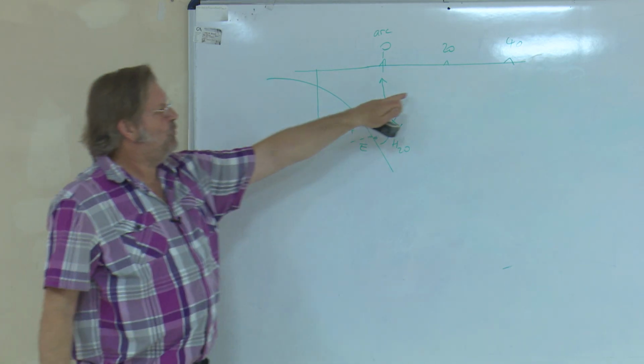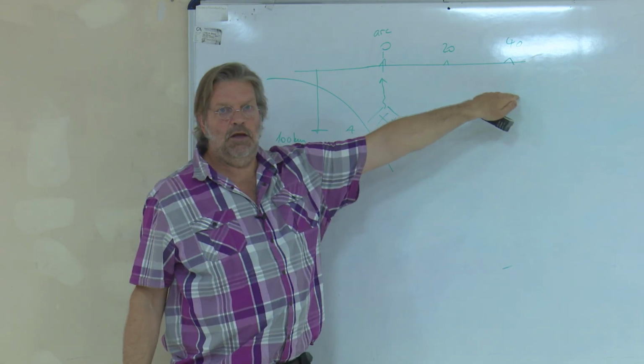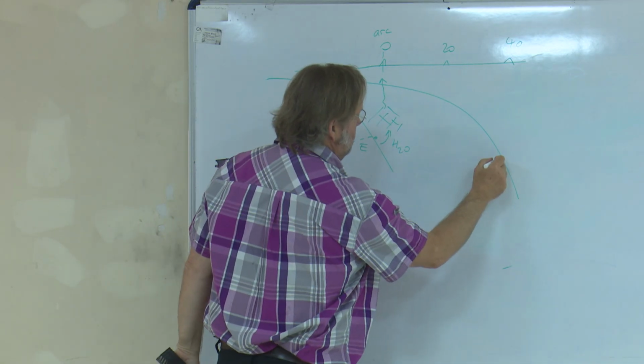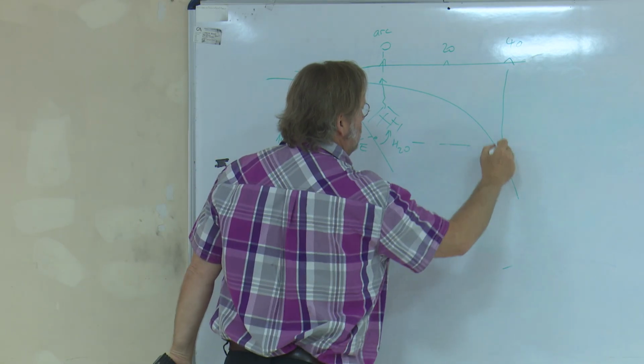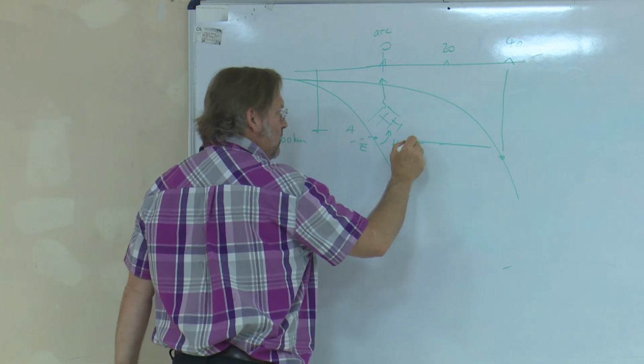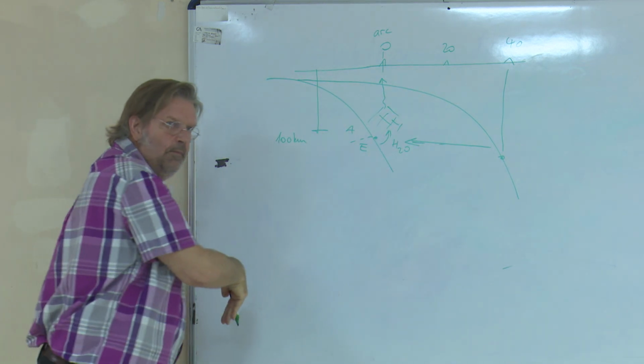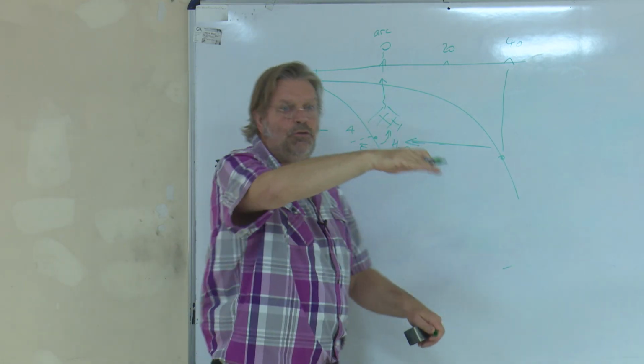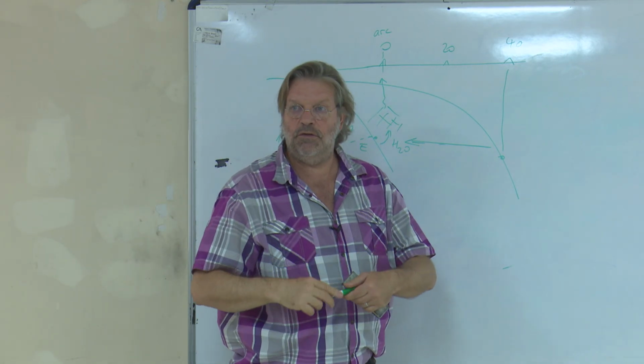How to explain that it was there at 20 and there at 40 million years? Well, the idea is that the plate retreated like that as it converged. So it was not only retreat, it was also convergence with retreat.